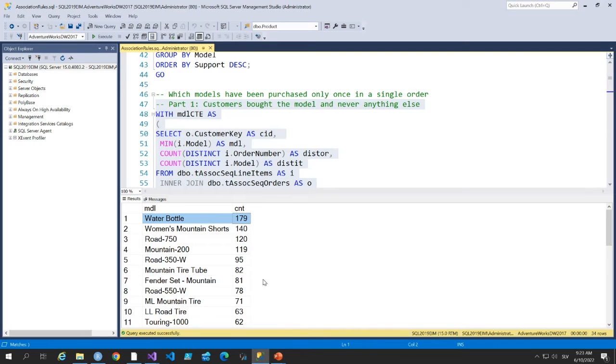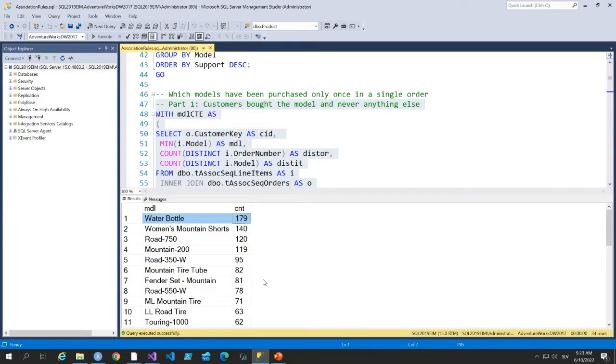So this already shows you the issues with association rules. You should be very careful with interpretation. Of course, if people many times purchase a water bottle, there will also be some people that will purchase only this and nothing else. Also, it makes sense to put this in a real-life context instead of just checking the results.